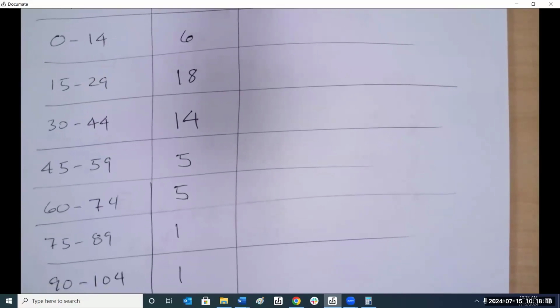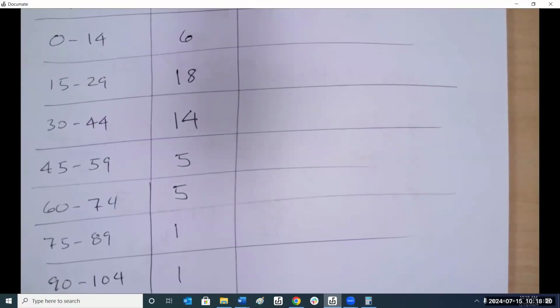So how would we find the mean, median, and mode here? The mode's easy. Which one would the mode be? Exactly, it's the 18 one, because by definition, the mode means the most frequently occurring.